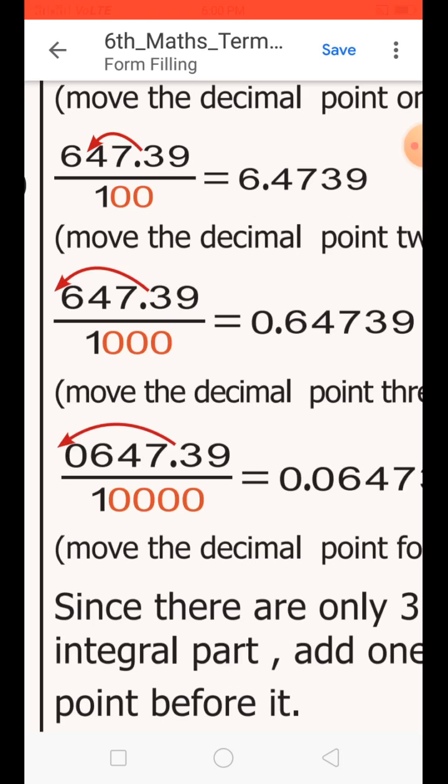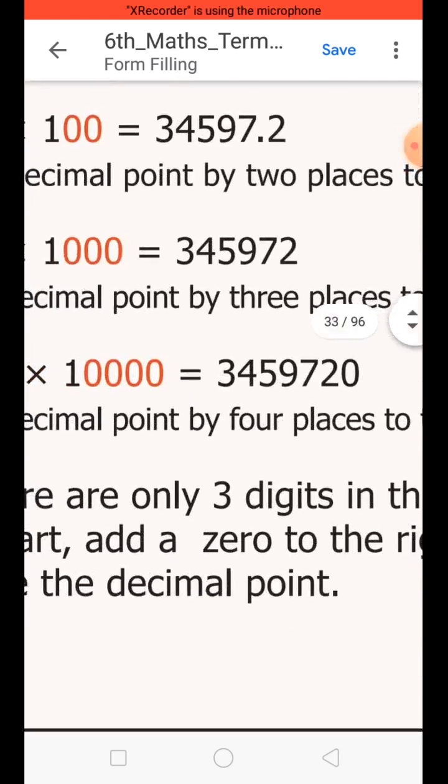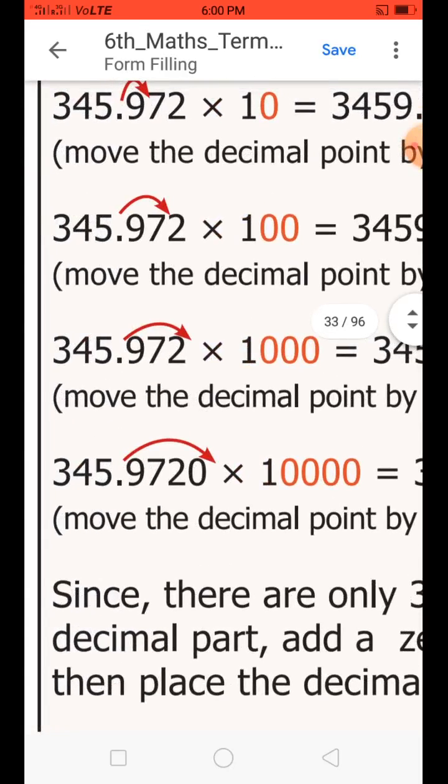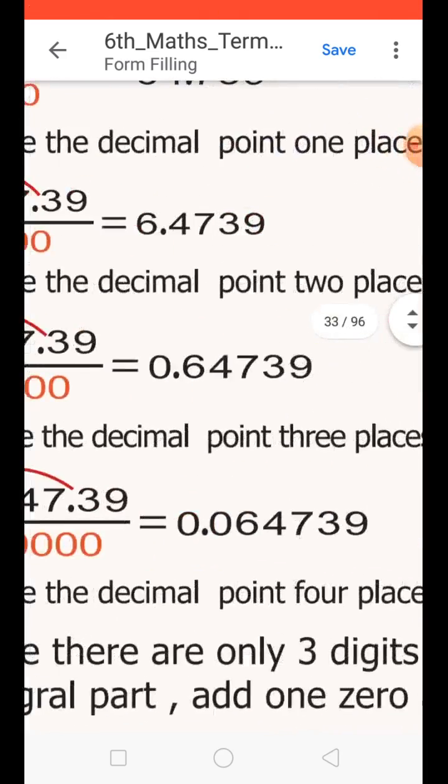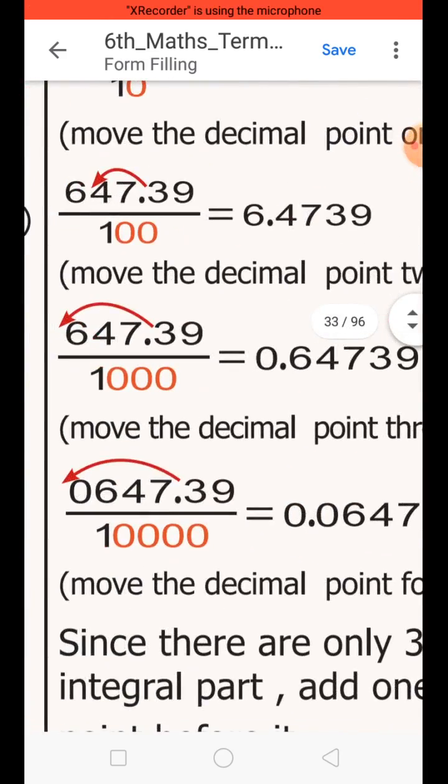Okay, but if you have 1000, the point will move to the left hand side. In multiplication I said that with 1000 the dot will come at the last place, so you need not put the dot, but in division you have to put that dot. So look at that, 1000, so when the point moves 3 places to the left hand side, 0.64739.